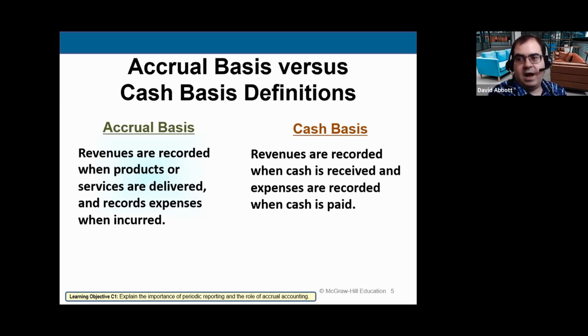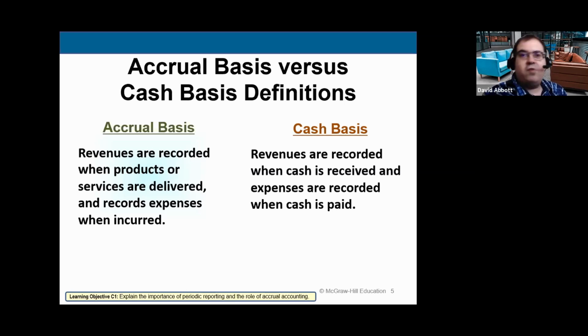Now, a lot of your smaller businesses work on what's called a cash basis. That is when the revenues are recorded when cash is received, and expenses are recorded when the cash is paid. So for example, with what me and Mom do with Avon, we pretty much work on the cash basis. We have sales, and then we deliver products.